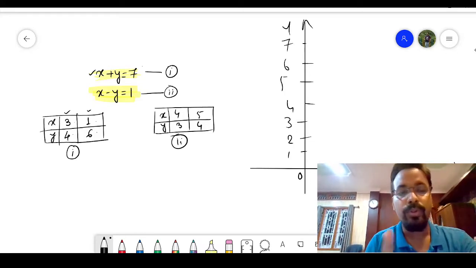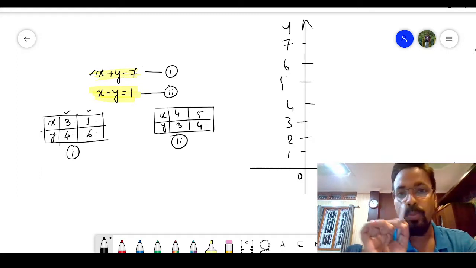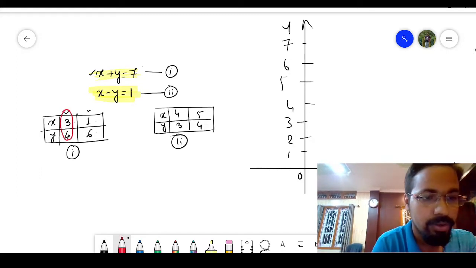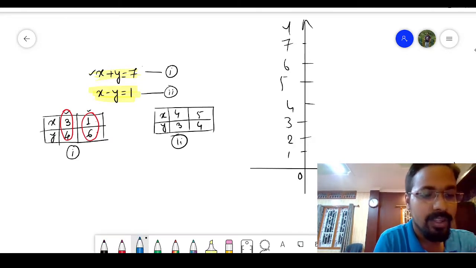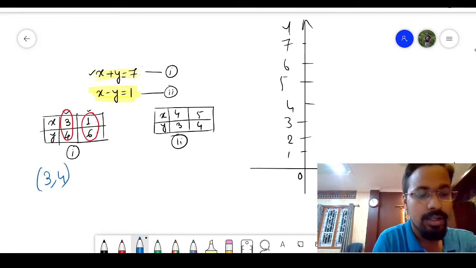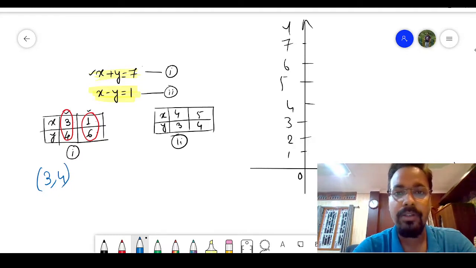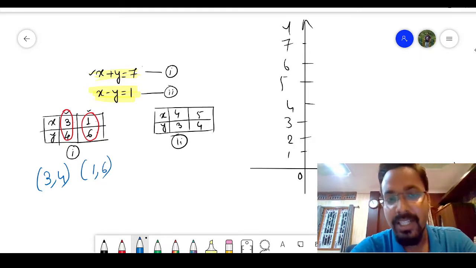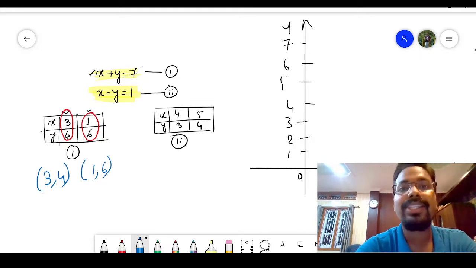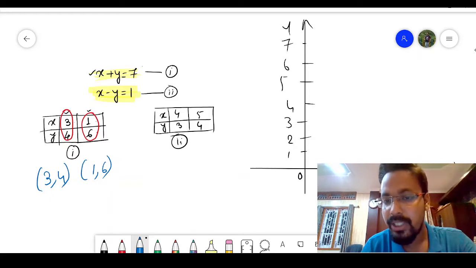Now for equation 1 we have two pairs, right? Here we have 3, 4 and we have 1, 6. So 3, 4 can be taken as an ordered pair, which can be represented in the Cartesian plane, and 1, 6 is going to be another pair that can be represented in the Cartesian plane. So first let us plot 3, 4 for equation 1.